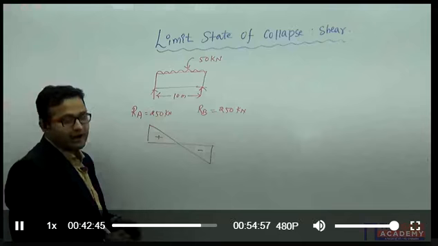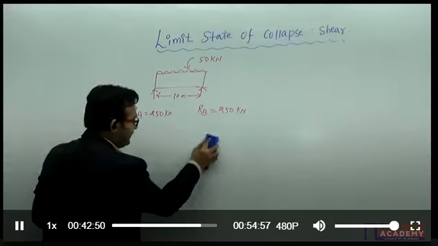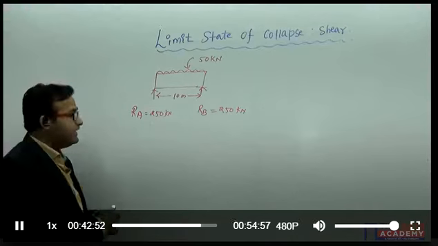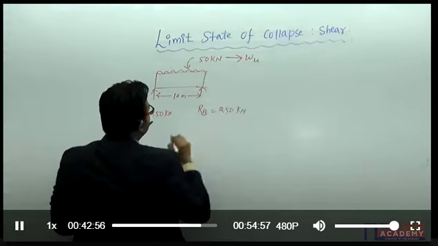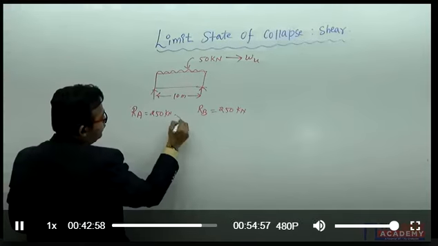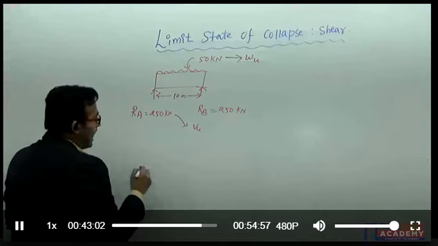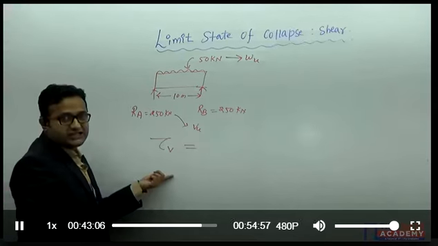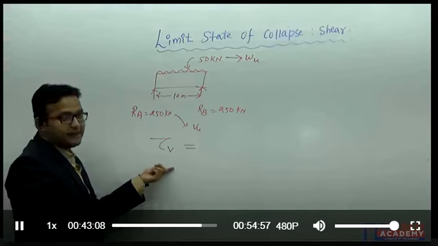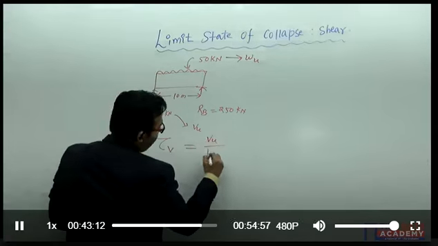Right? So in this way I calculate the shear force first, the value of V. And suppose this is your factored load W, so definitely this value will be your factored value of shear force Vu. I can calculate the factored value of shear stress. The nominal shear stress as per IS code is Vu divided by bd.